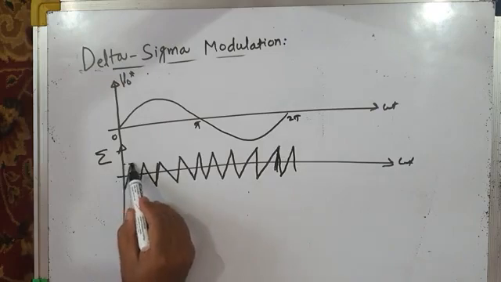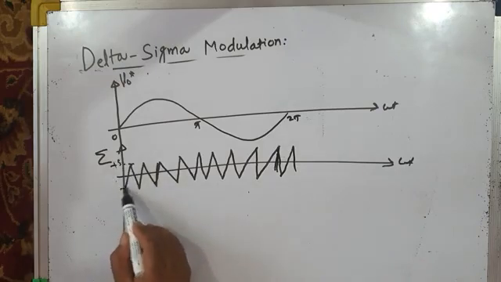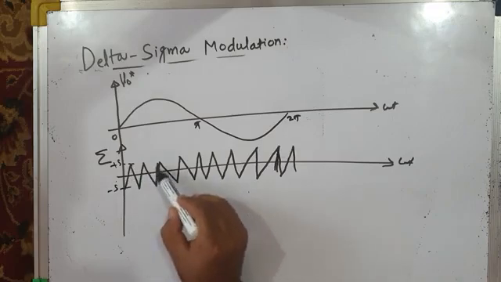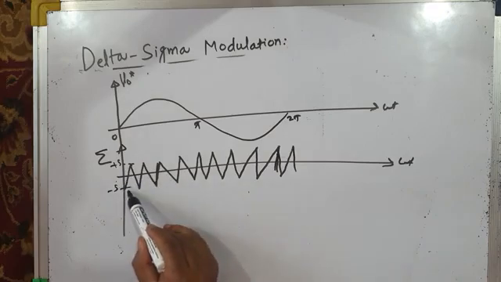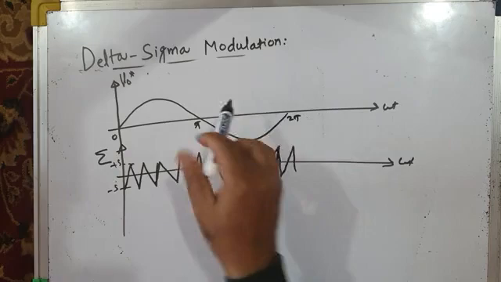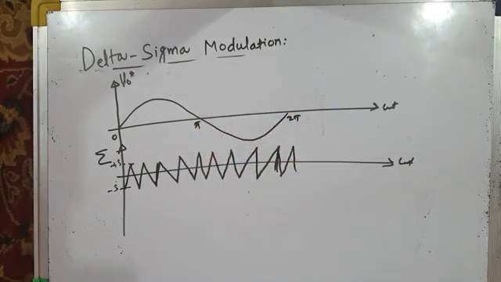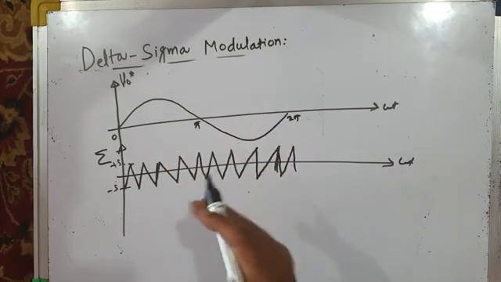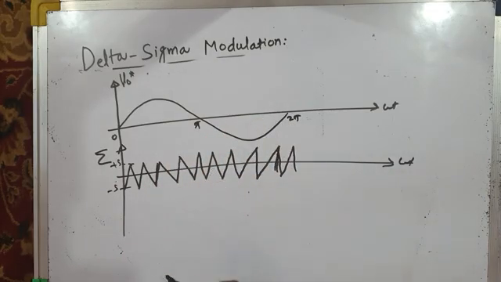This is plus S and this is minus S. This sigma, which is the integration of the error, is maintained between plus and minus S by the hysteresis controller, which I have shown in the block diagram a few moments back, by issuing gating pulse to either the top switch or the bottom switch.